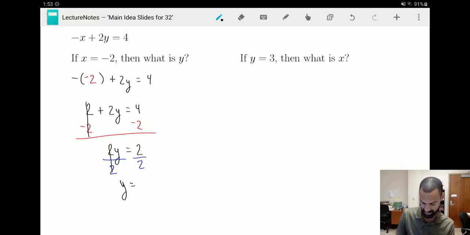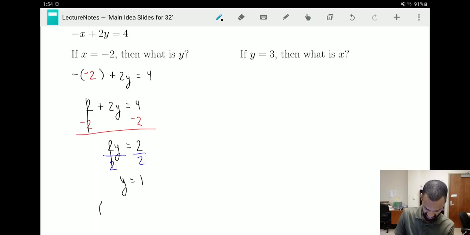Y equals 2 divided by 2, which is 1. So when x is negative 2, y is 1. I'm sorry, I said y is 4, but y is 1, not 4. I got the 4 from up here. So if you plug in negative 2 for x, the result is y is 1.